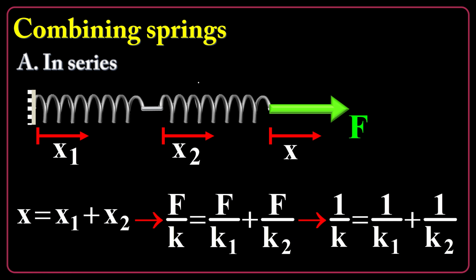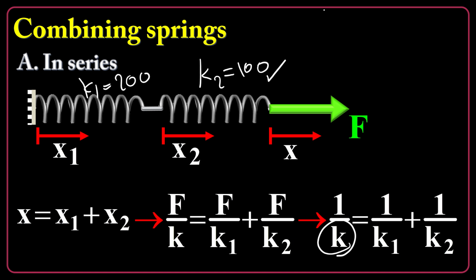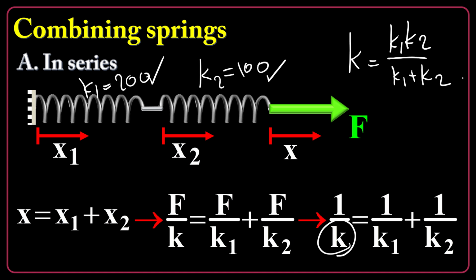So if I apply a force like F here, and the spring constant of the second is 100 in SI units, and K1 maybe 200, this K will be less than 100 and less than 200, less than both. Mathematically, it's very easy to show that. Or if you want, you can rearrange this equation and write K is equal to K1 K2 divided by K1 plus K2.